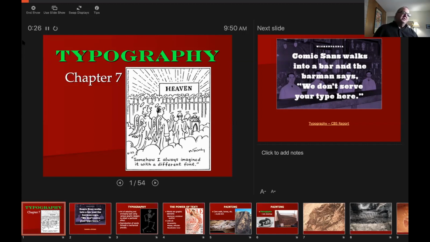If a typeface doesn't seem to fit, we sometimes notice it. Of course, we would expect something much more flowery, much more interesting and intricate to be the typeface for heaven. And so that's an interesting take on it anyhow.